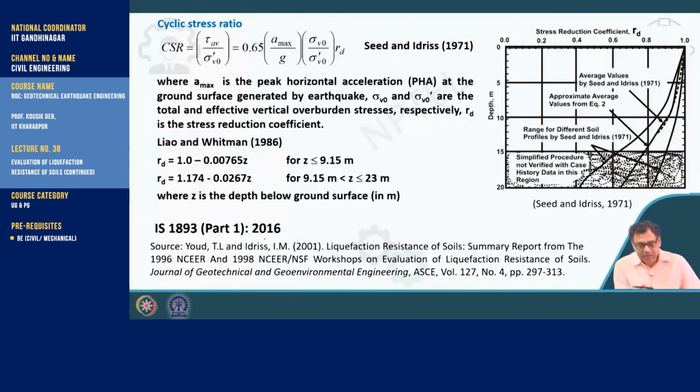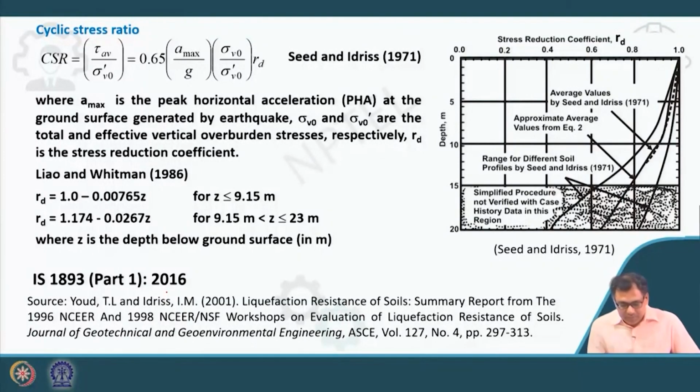So sometimes, as I mentioned, you can write sigma V dash also. Now remember that here my CSR is actually tau AV divided by sigma V dash, and CRR, cyclic resistance ratio, is tau H divided by sigma V bar.